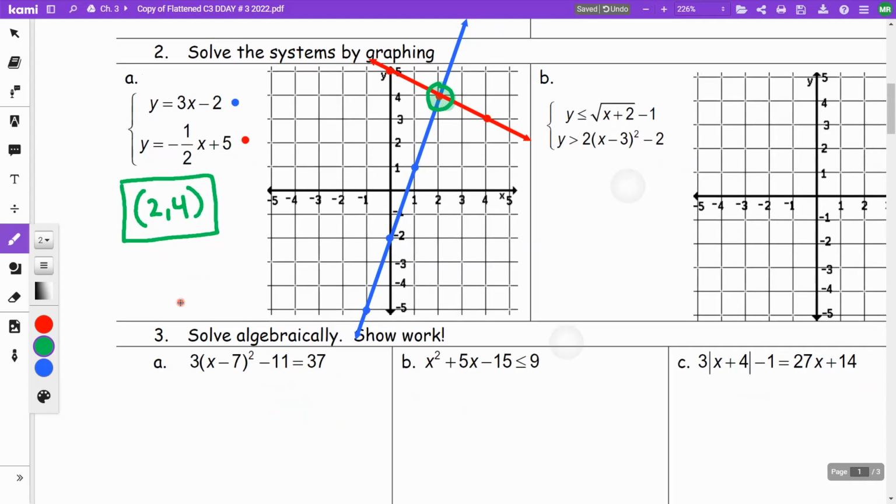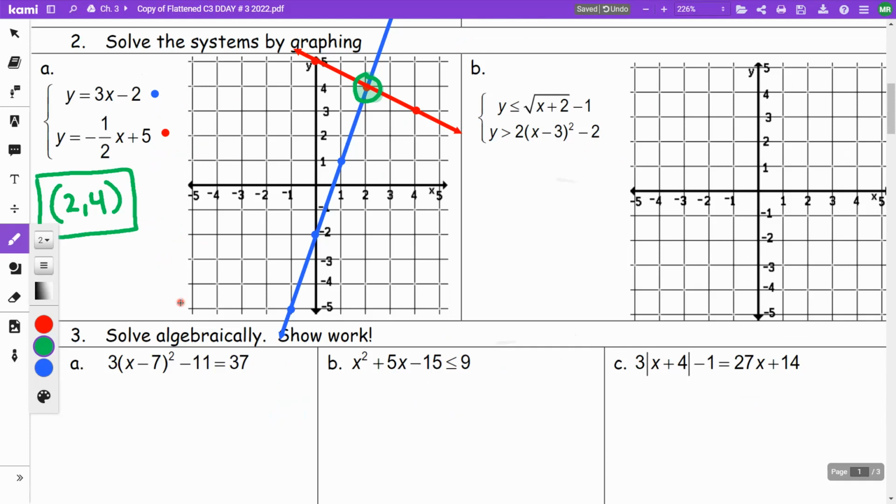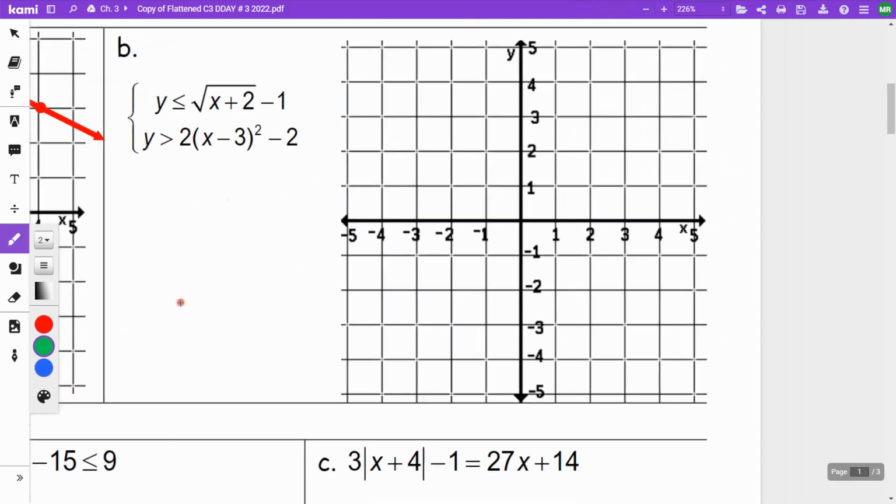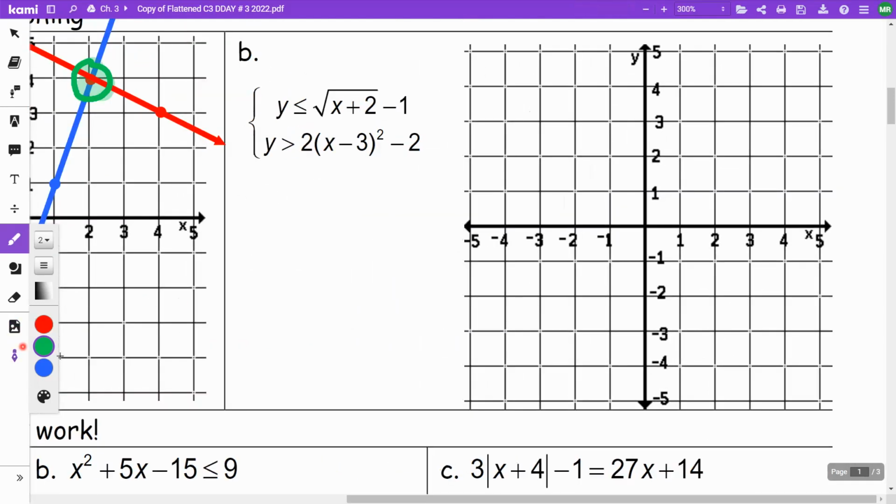Okay, on B, this is a system of inequalities. I need to graph and shade. So let's say I do orange for the first one. So this first one is a square root graph.